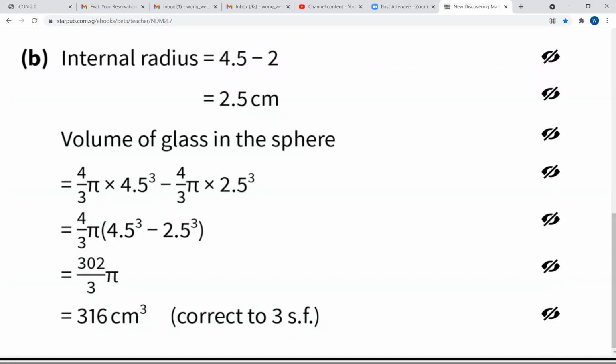It becomes simply 4/3 pi times 4.5 cube, this is the radius cubed, minus the cube of the smaller radius. Okay, you can factorize it to do fewer entries in your calculator. But if you're very confident of your calculator skills, no problem. First step, go ahead, use your calculator already. So 3 SF, 316 cubic centimeters.